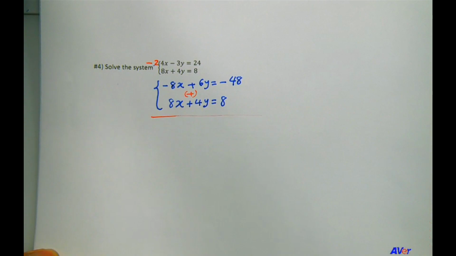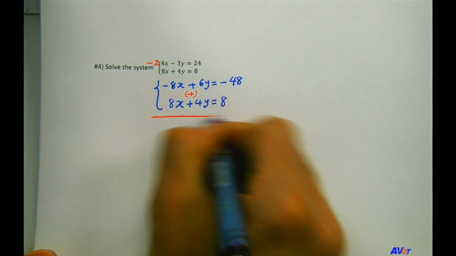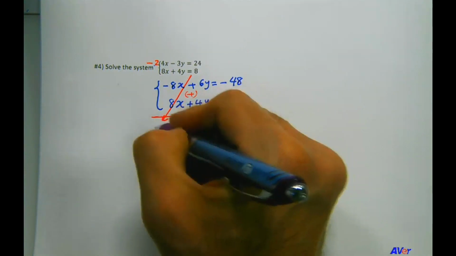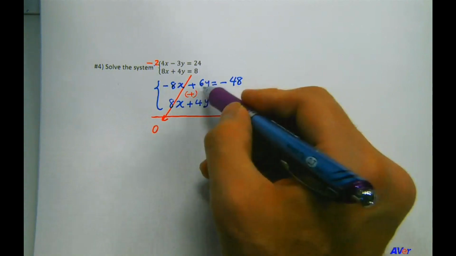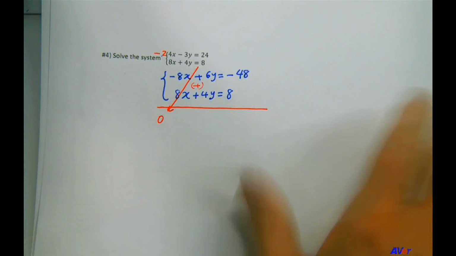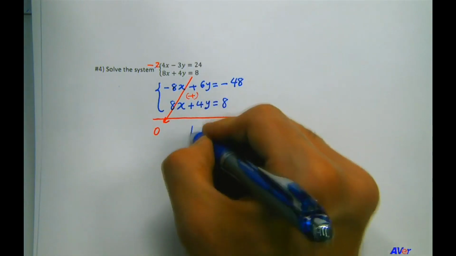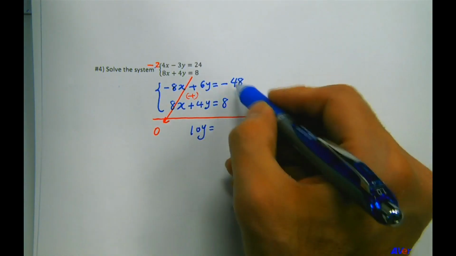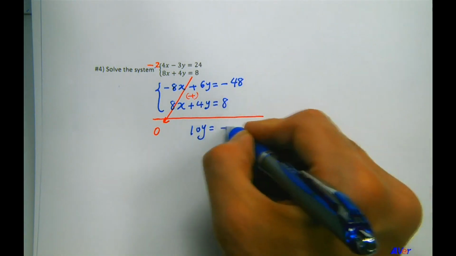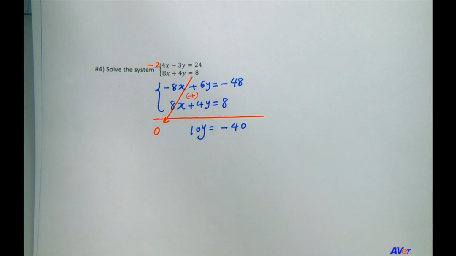And let's add these two equations. So minus 8x plus 8x adds up to 0. Positive 6y plus positive 4y, we get 10y, right? Minus 48 plus positive 8, we get minus 40.